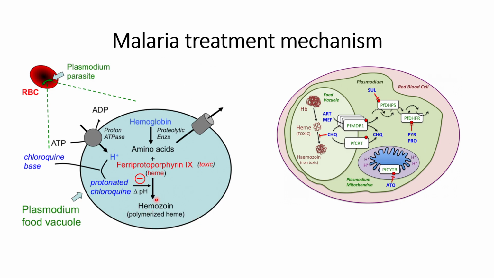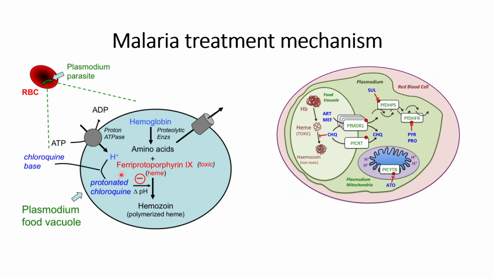However, in the case of malaria treatment, chloroquine is given. Chloroquine prevents the polymerization of this toxic component by changing the pH. So the accumulation of the toxic component continues within the Plasmodium parasite, and eventually it leads to breakdown of the parasite and cell death.